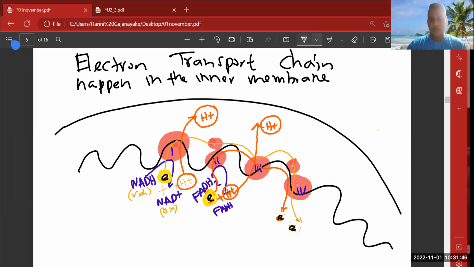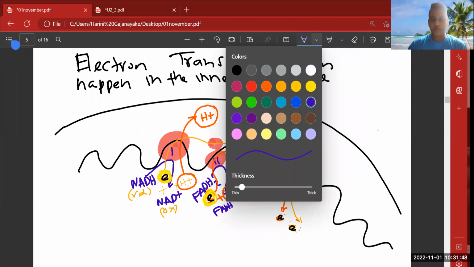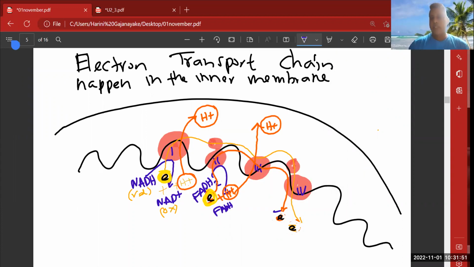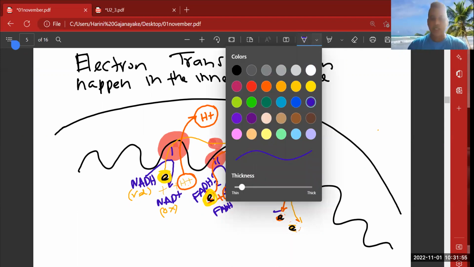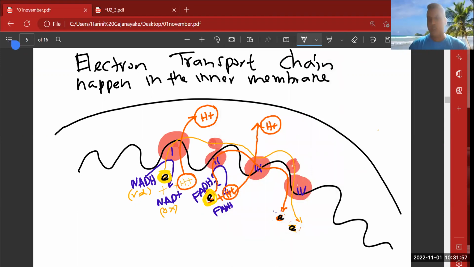Okay, then these electrons cannot exist like this because electrons need some atoms to move in. So what is happening at the end?